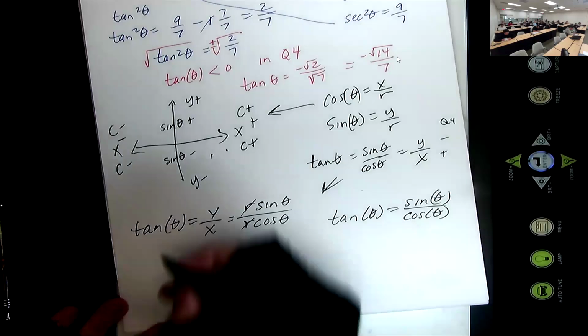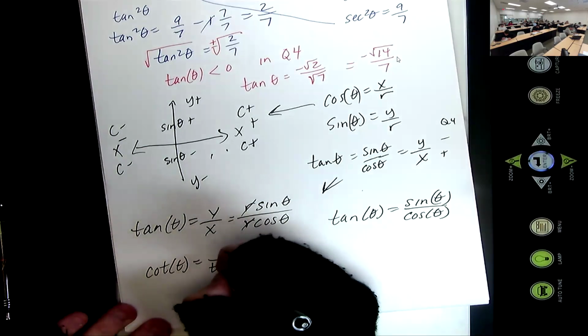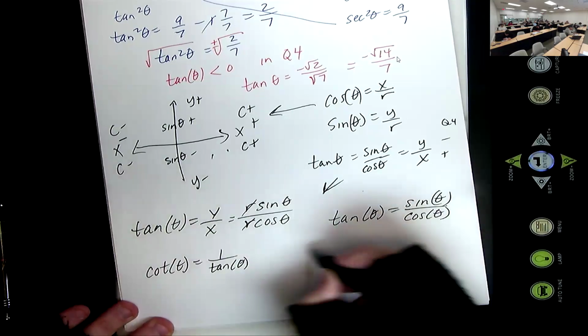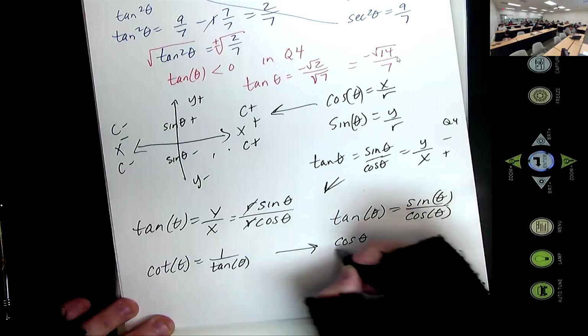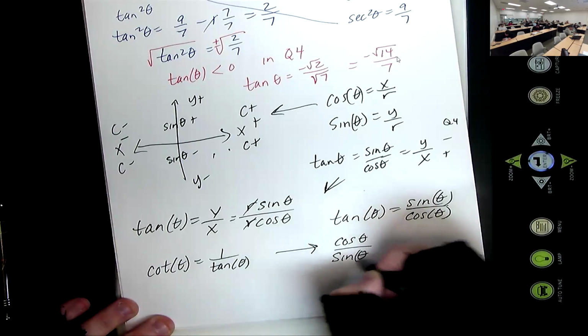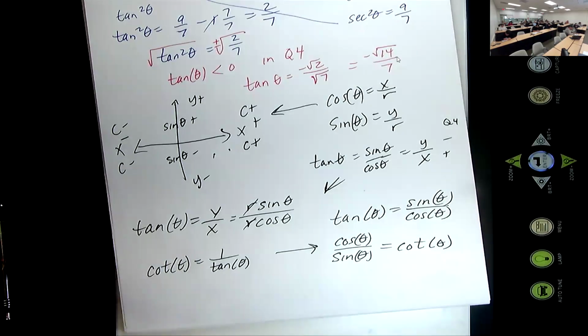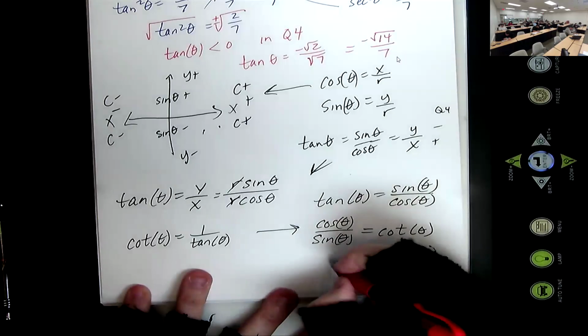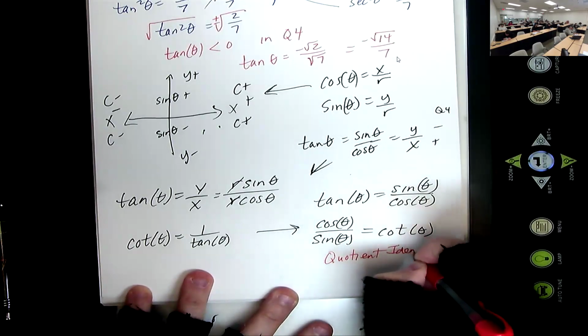And since cotangent theta is 1 over tangent theta, it means we could just flip this and we're gonna get cosine theta over sine theta, or cotangent. These are called the quotient identities. Now, I may not have said quotient identities.